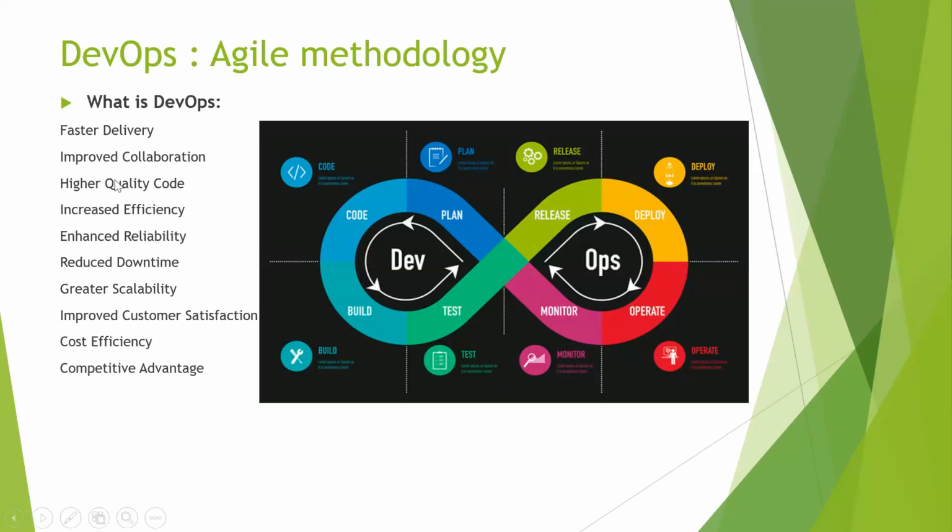And higher quality code means, as we have continuous integration and continuous delivery, the code will be of higher quality. As I have mentioned, in the test stage or any release stage, if there is a code breakage, it will be pushed to the developer immediately by the notifications we have enabled.